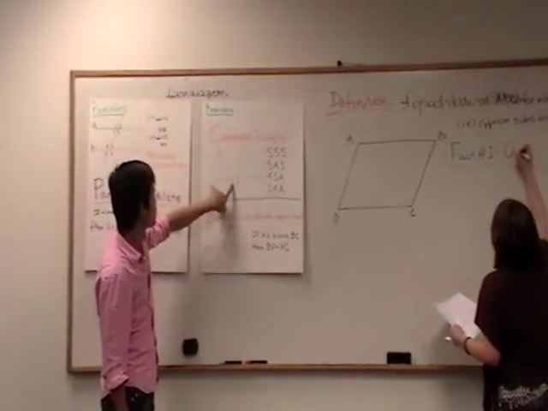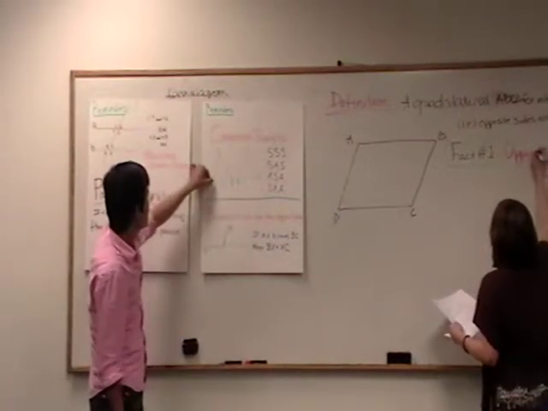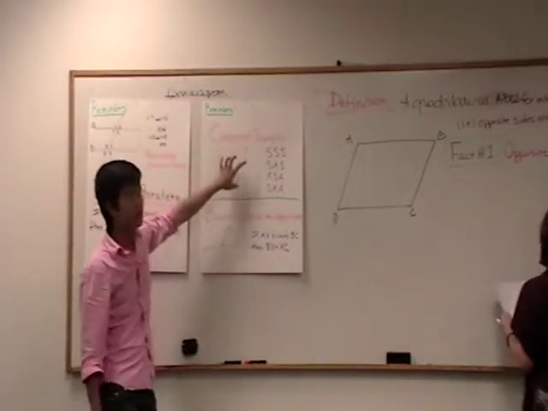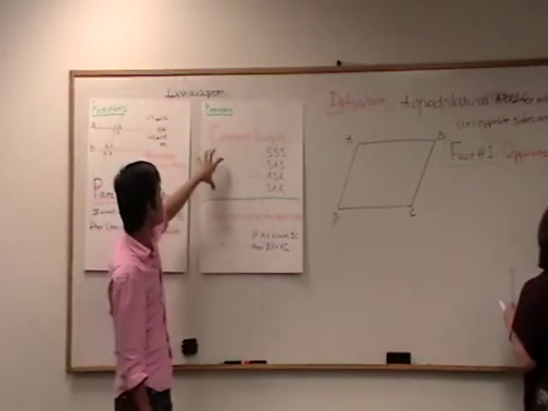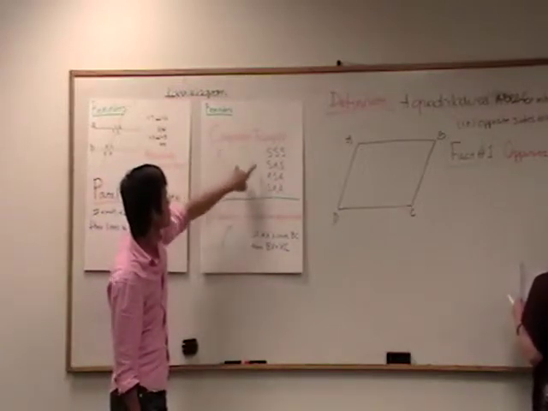For example, we have BC equals ZY, angle C equals angle Z, and angle A equals angle X. That means triangle ABC is congruent to triangle XYZ.